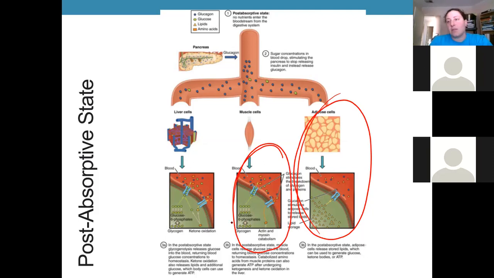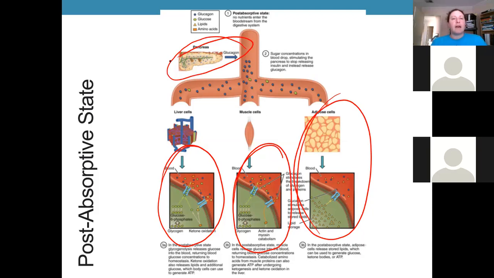I just think its glycogen is for itself, but I don't give it enough credit. And of course, the liver is going to be releasing a lot of glucose. It can potentially release ketone bodies. It can release fatty acids to provide fuel for the rest of the body. And this all gets triggered when the blood sugar drops. That's what triggers the release of glucagon and really puts us into this post-absorptive state.